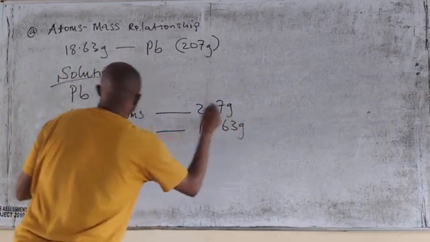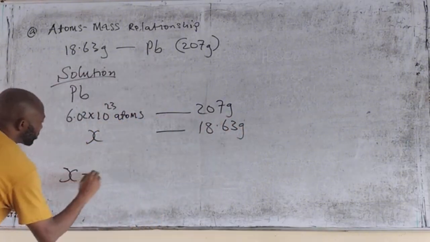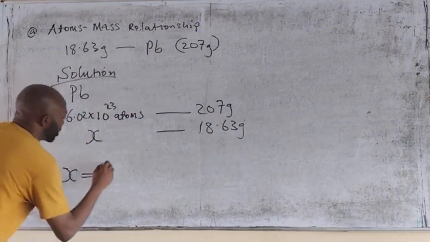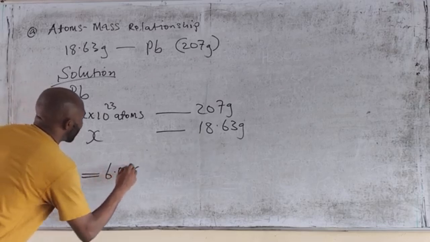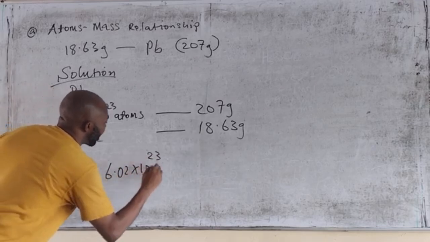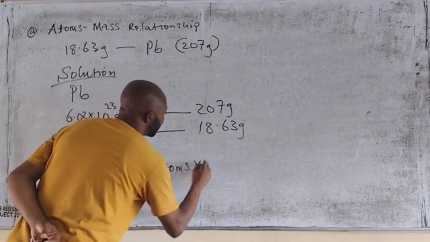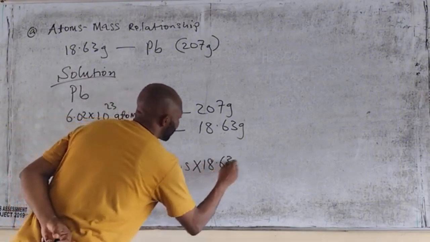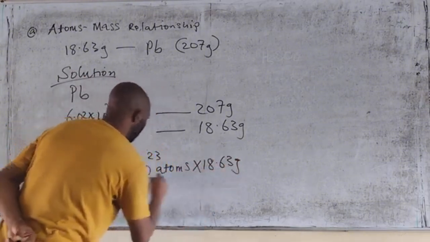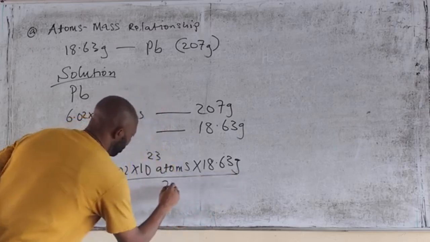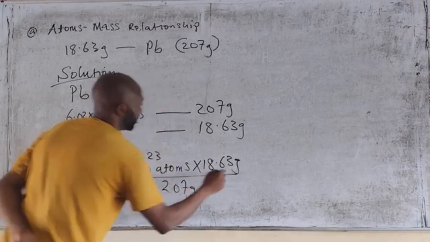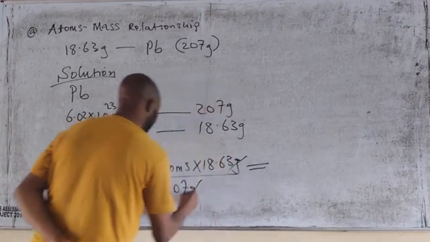Now, how many atoms will give us 18.63 grams? My X becomes 6.02 times 10 raised to 23 atoms times 18.63 grams divided by 207 grams. Cancel the grams.